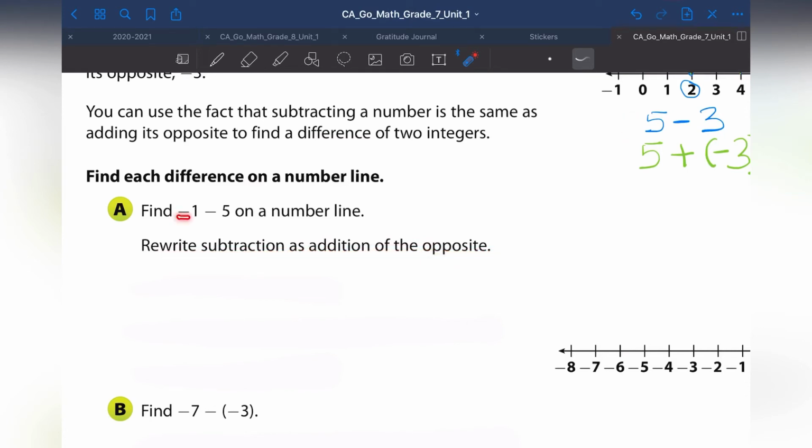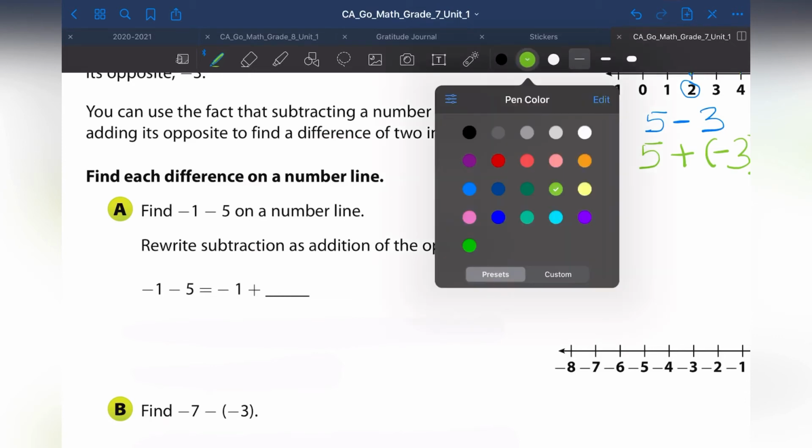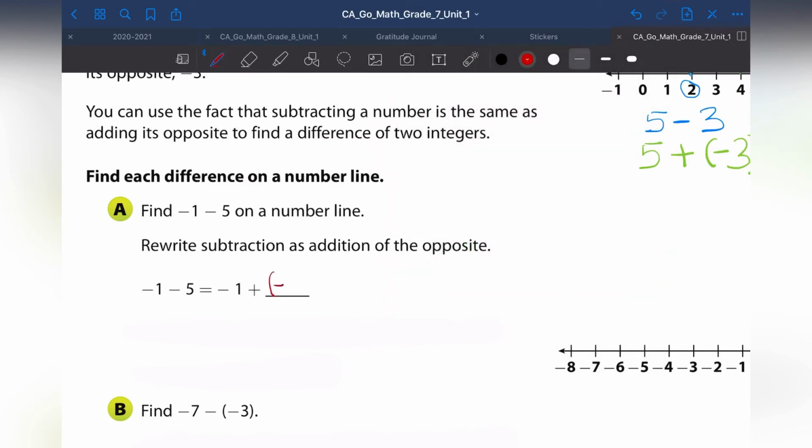So we have -1 minus 5. -1 minus 5 is the same as -1 plus, now we have to do the opposite, which would be -5.